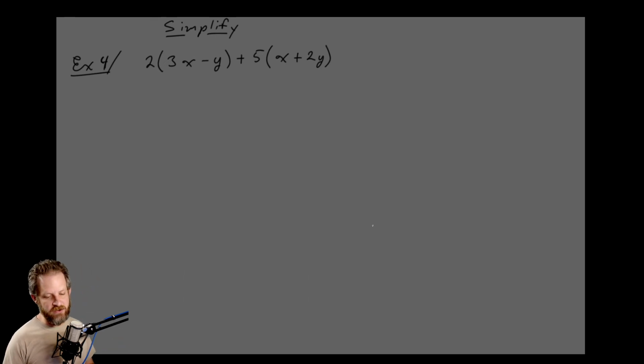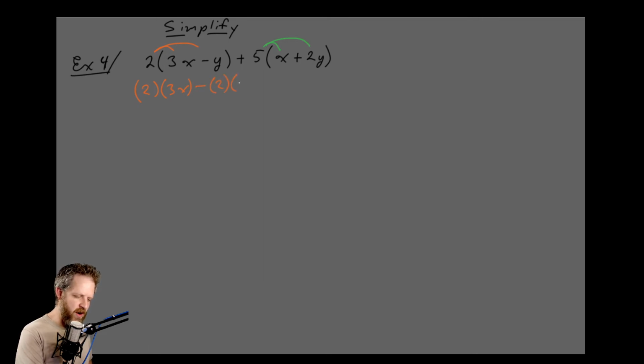We've got two sets of distributive properties. So how are we going to deal with those? Well, we're going to deal with them separately. We're going to distribute the 2 right here and distribute the 5 right there. So we're going to do 2 times 3x minus 2 times y.